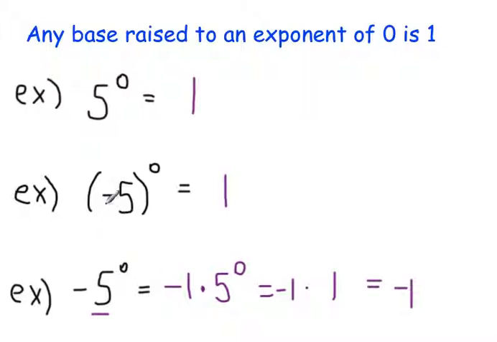Therefore, negative 5 raised to the 0 power in the second example is 1 because of the parentheses. The parentheses tells the reader that everything is being raised to 0. And when everything is raised to 0, the answer has to be 1. But without these parentheses, only the number or the base closest to 0 is being raised to 0. The negative in front is not being raised to 0.